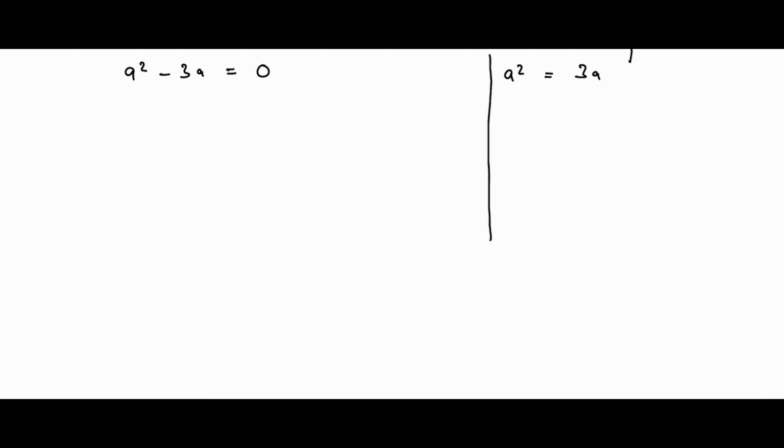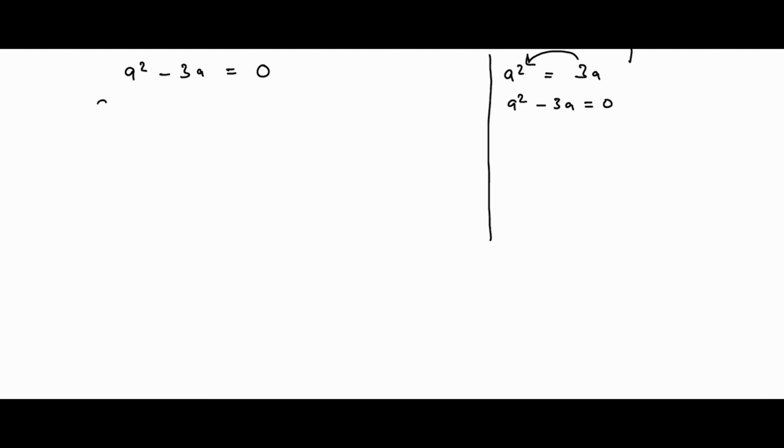Saka zvimwe zvese ngazviendeswe uku, kureva kuti this 3a should have gone this side, so that inoita a squared minus 3a is equals to 0. That's okay. After we have taken note of that, then we are going to look at a squared minus 3a. Then we remember factorization. We know kuti a is common.